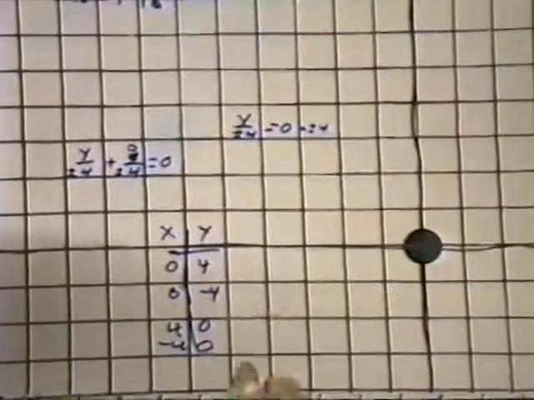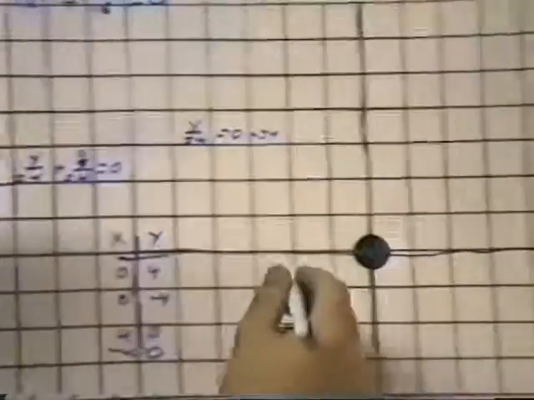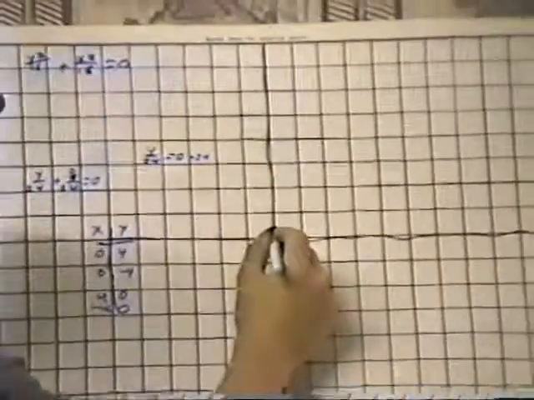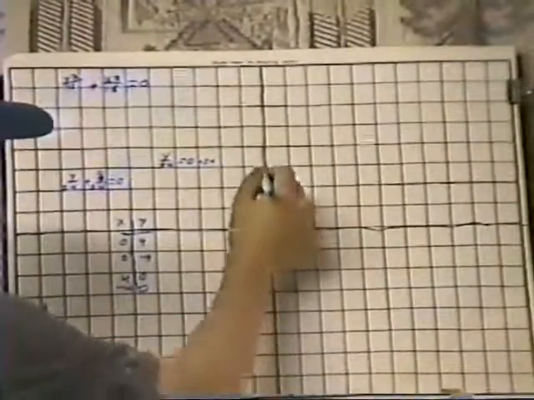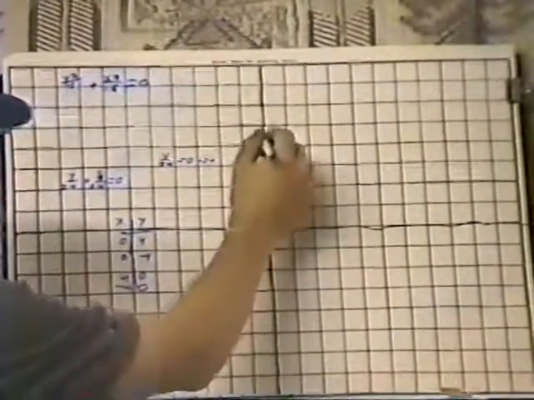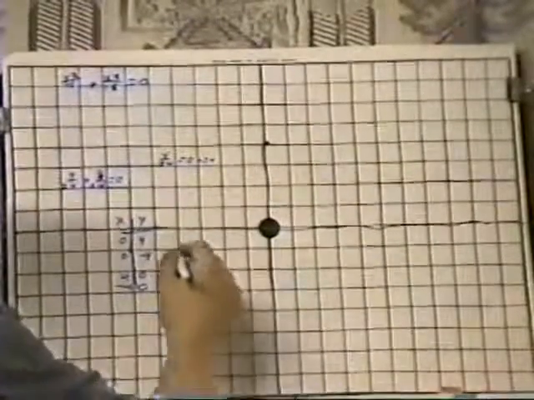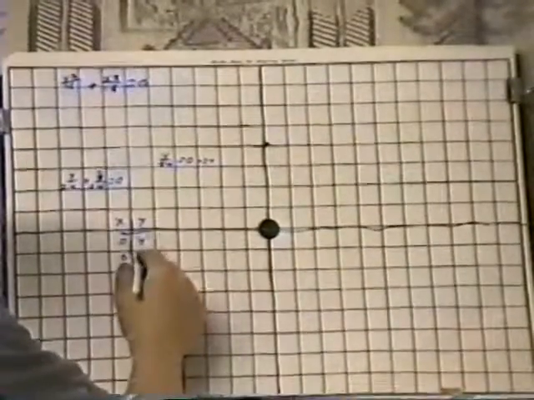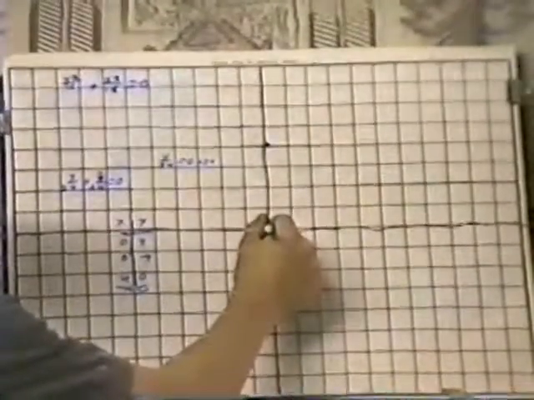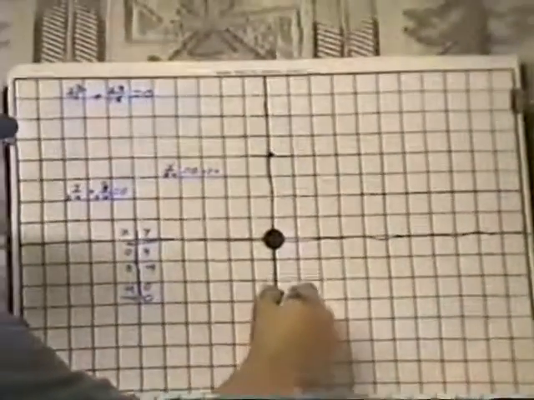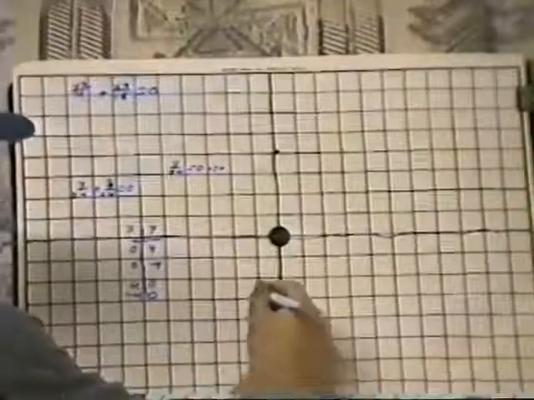Now to plot this, we take x equals 0, right here, and y equals 4, and that's up 4. 1, 2, 3, 4. That's one point. And we do the same for the next one. X equals 0 and y equals negative 4. 1, 2, 3, 4. There's our next point.